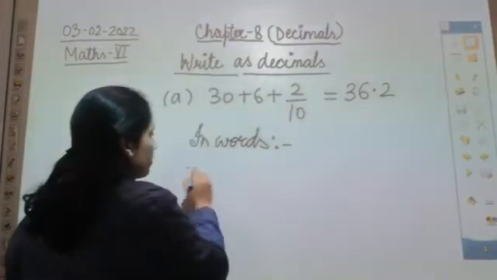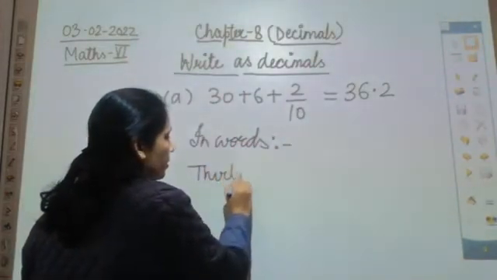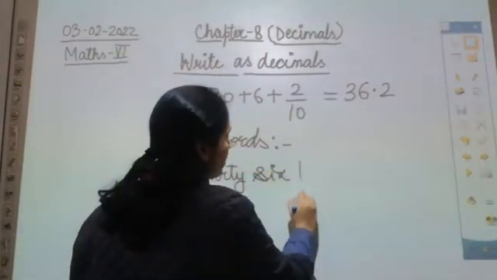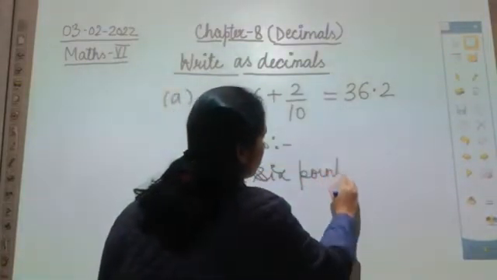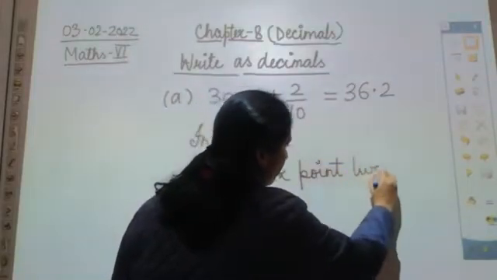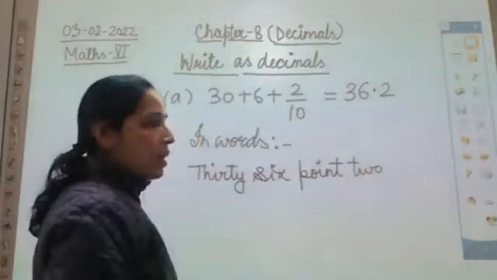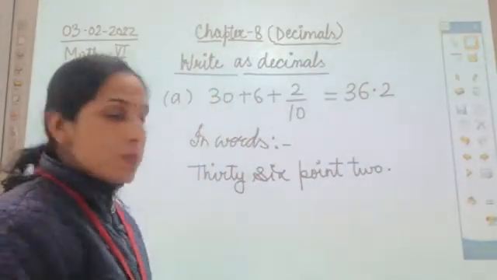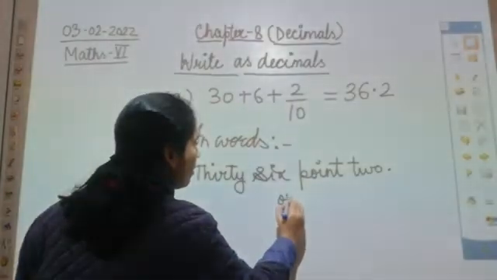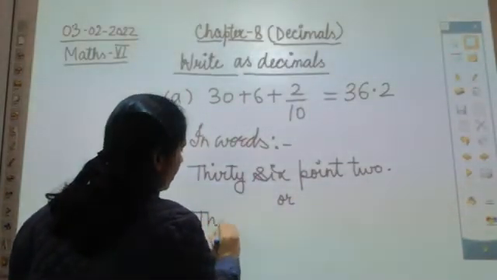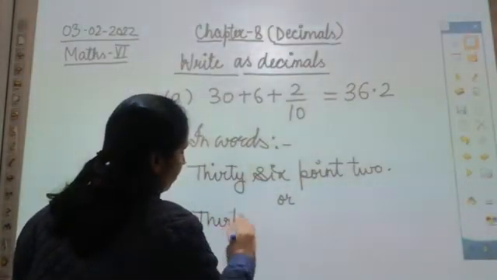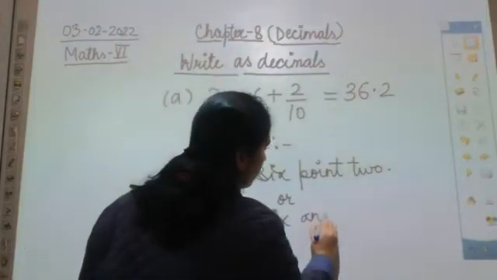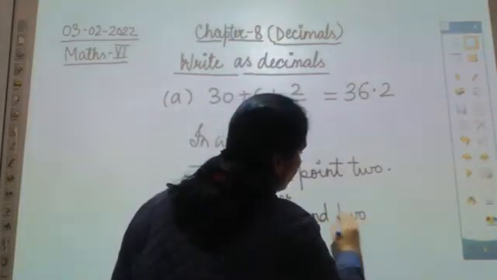Number one, you can write 36 point 2. Generally we were doing it this way only, as we were speaking the numbers, in that same way we were writing in decimals. Or 36 point, or 36 and 2 tenths.